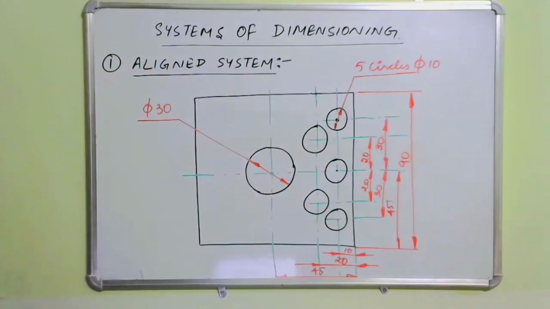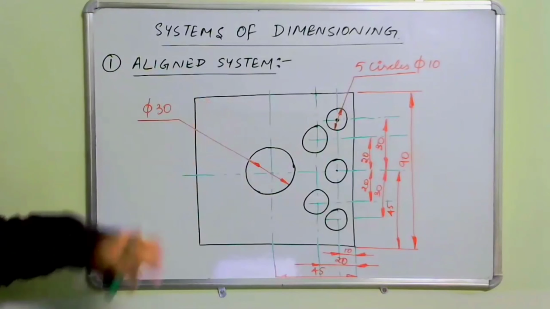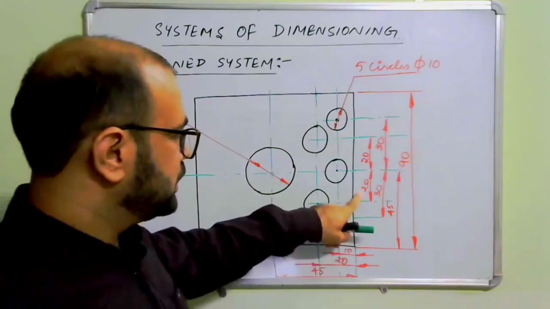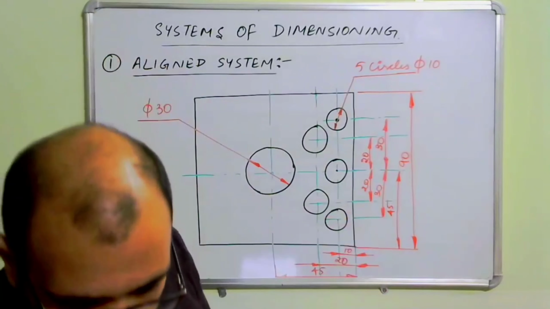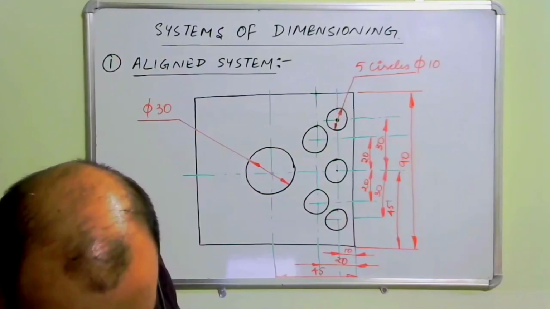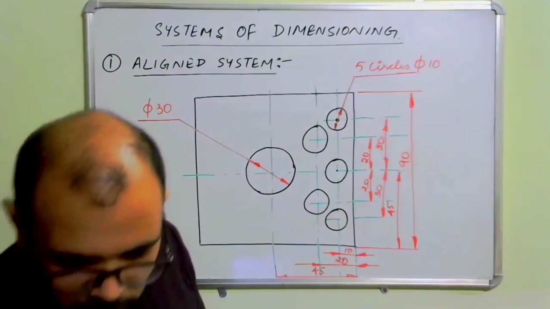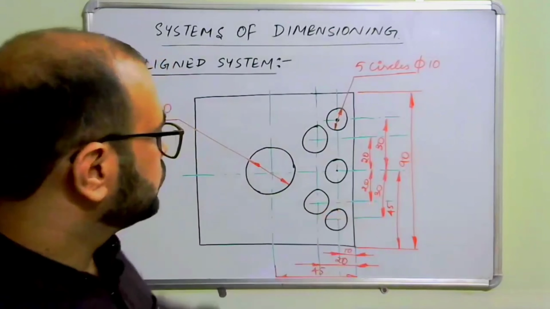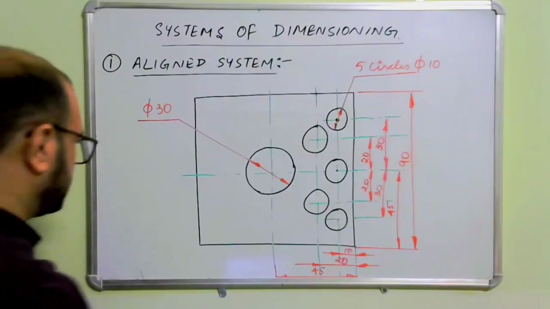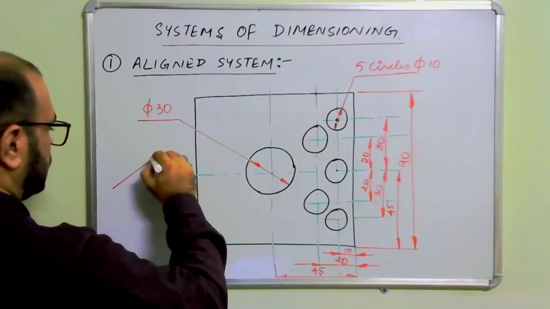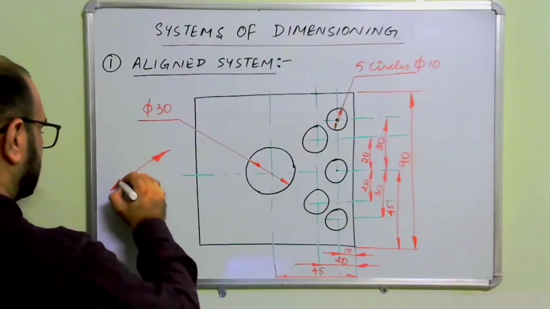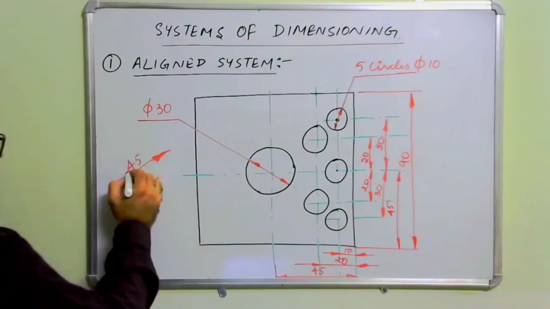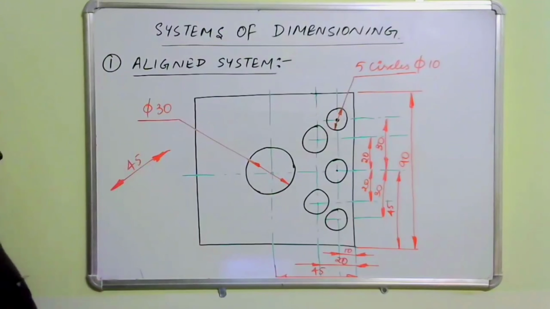Right, so this is the aligned system. Now what is the meaning of aligned system? All the dimensions that you are writing here are aligned to the dimension line. So if you draw the dimension like this, the direction of the measurement that you are writing also changes.